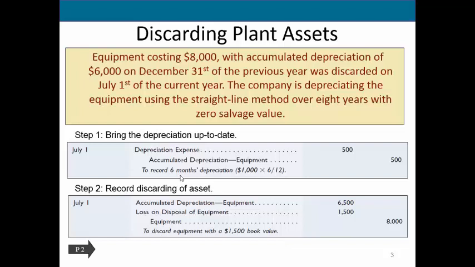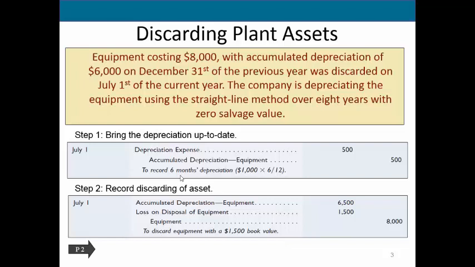So the company had been depreciating the equipment using the straight line method over 8 years with zero salvage value. So first, let's bring that depreciation up to date. Our depreciation would have been calculated as the original cost minus any salvage value. We had no salvage value, so minus 0, divided by 8 years. So that's basically $1,000 of depreciation each year.